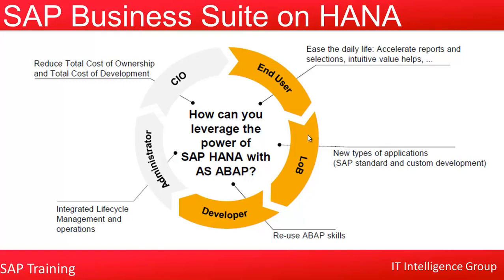If your ECC is running on this type of database and you are coming into HANA, you need to find out which transactions are taking more time and what needs to be done, and which tools are available. Being an ABAPer, the key question for you will be how you can reuse your ABAP skills.